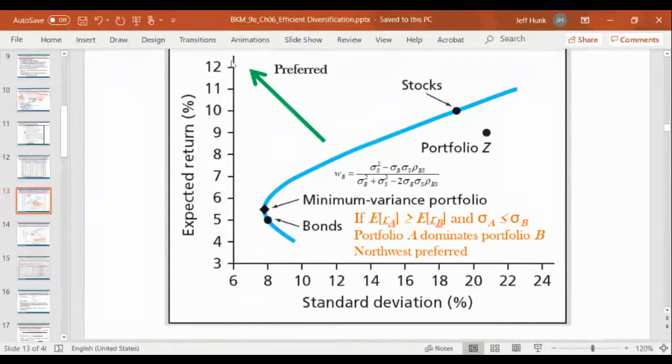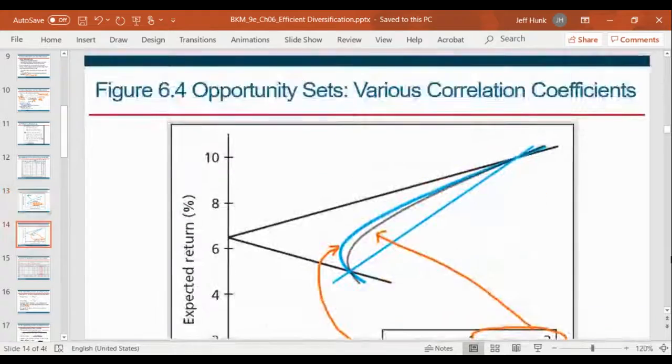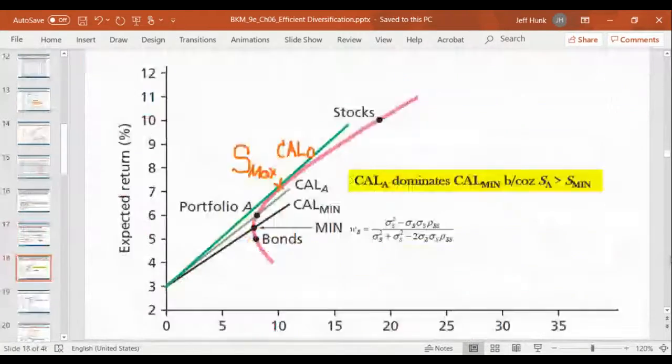The more northwesterly located frontiers are preferred, because those frontiers would have higher expected return for the same variance, or for the same return, they have lower variance, right? There's a picture of that somewhere.